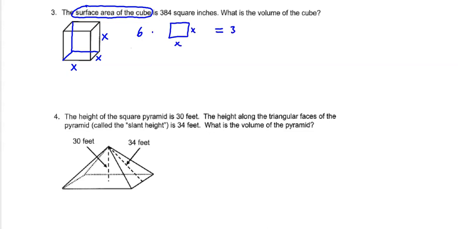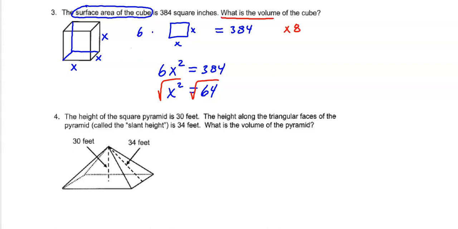And that's got to come out to be 384. So I have 6 x squared equals 384. Divide both sides by 6, and that gives me 64. Take the square root of both sides, which tells me x is 8.